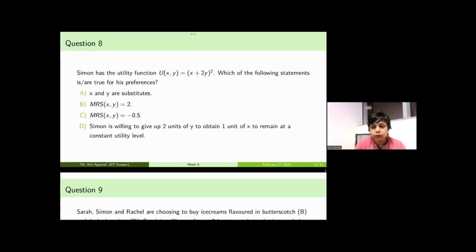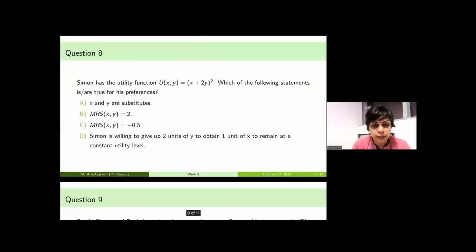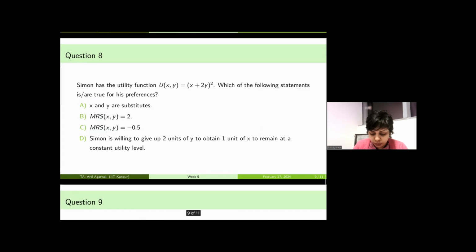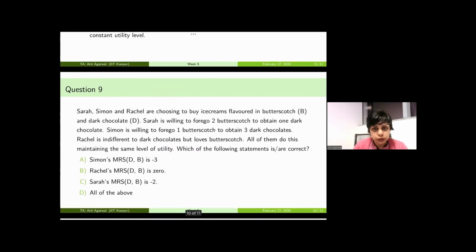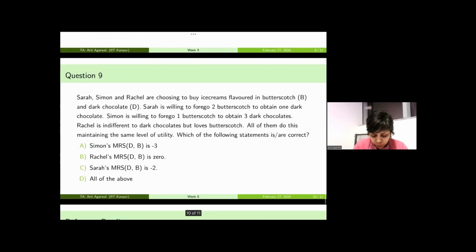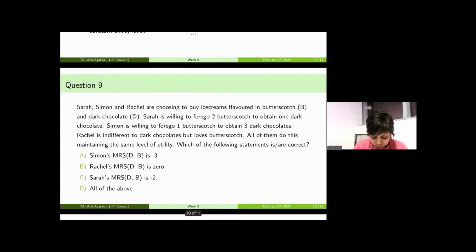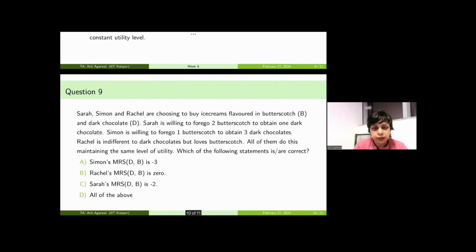It's not actually complex, but I think it is better discussed in the next session, because this type of question has not been discussed in week 5 yet. But question 9 you can probably do, because you've not discussed MRS. But it will take me at least 15 minutes to explain question 9, and I have a cold. So I think it is just better if I answer it in the next class.